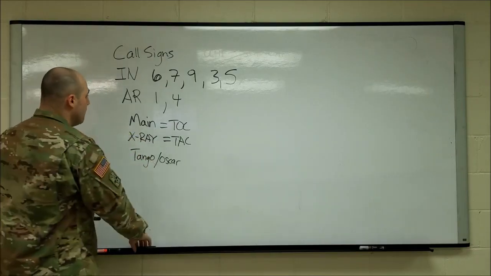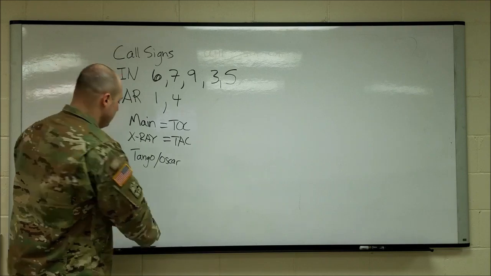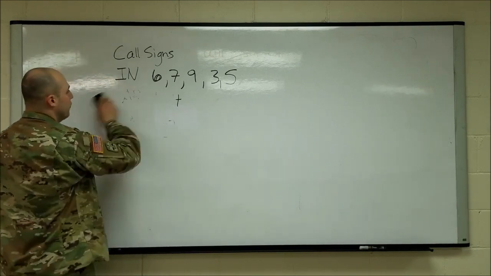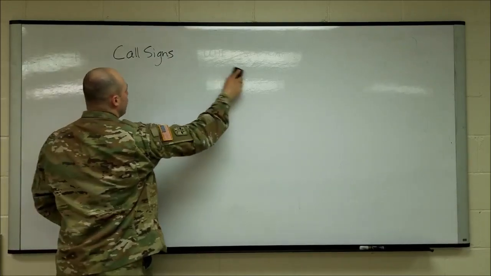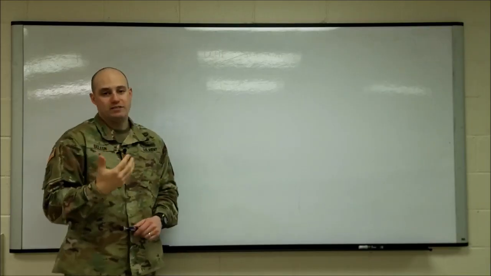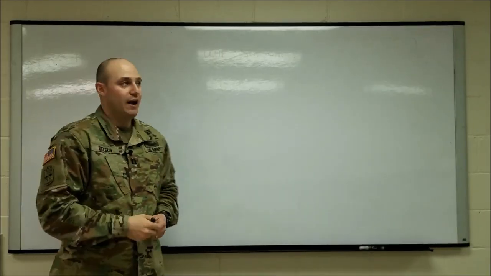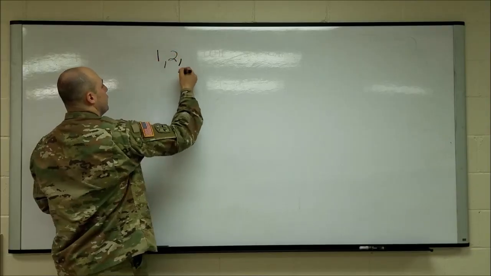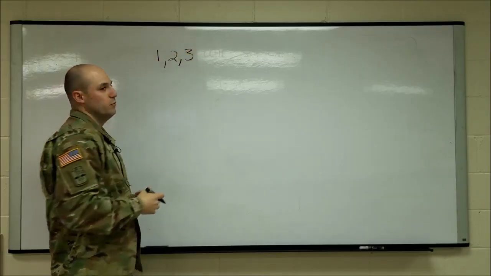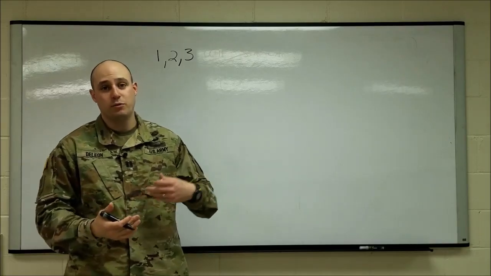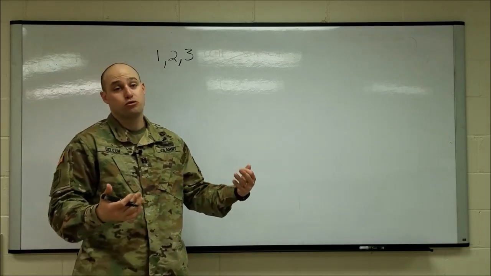Okay, I want to mention numbers. There's a lot of talk that I've seen recently regarding numbers. According to the doctrine that I'm using, numbers are still read as they previously have been. So we've got 1, 2, and the number 3, which technically on the radio, according to ATP 6-2.53, is still supposed to be pronounced tree, like a spruce tree.